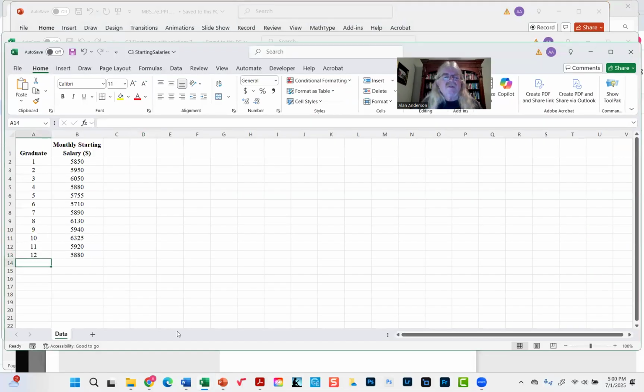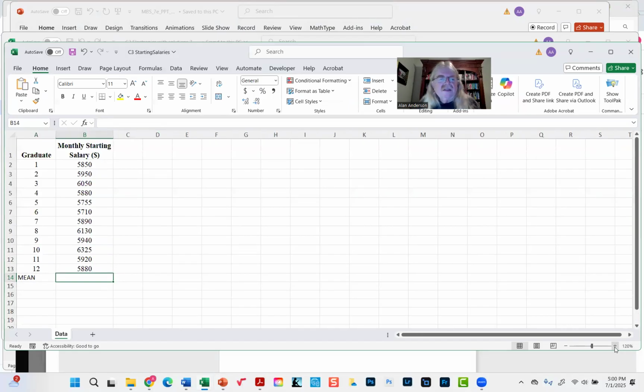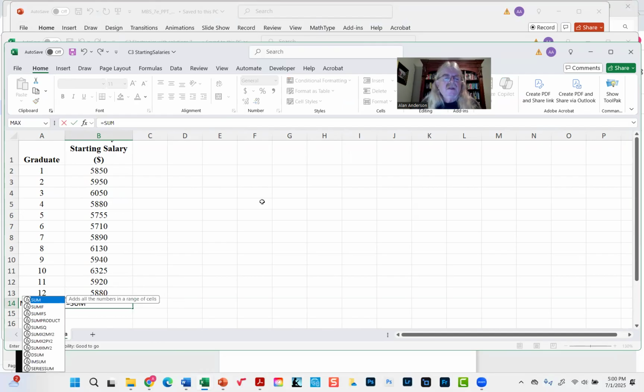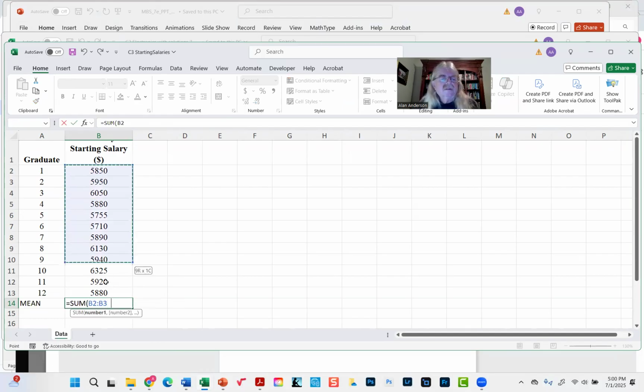First of all, I'm going to label this so that later on I won't come back and say, what is that supposed to be? Now, I can do this in one of two equivalent ways. I can either say, well, listen, add up all these cells and divide by 12.